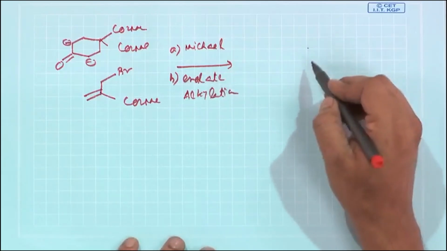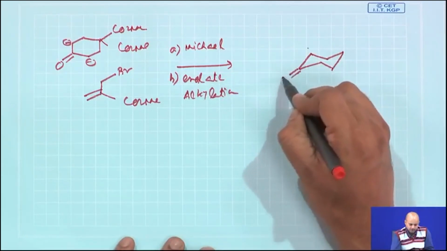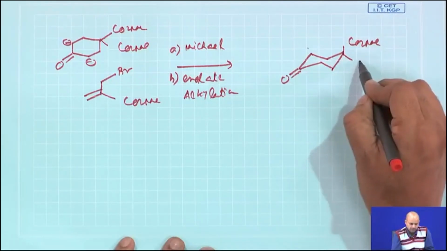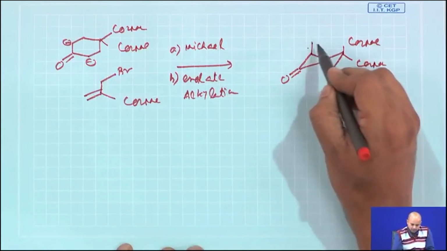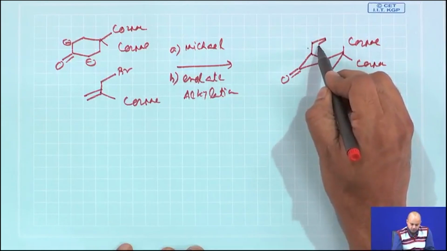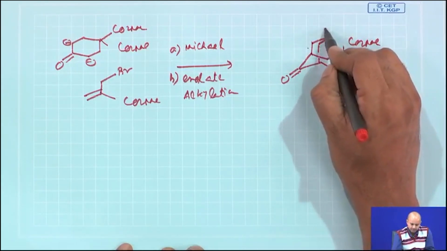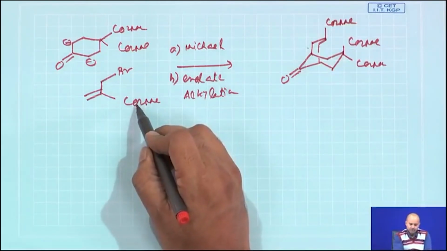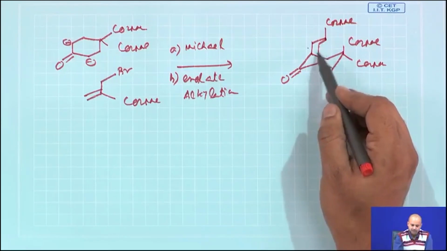Now, the pathways operate, and we write the core structure in the chair form. This part will remain similar, CO2Me, CO2Me. Here one of the CH2 groups is now coming here, and this CH2 gives you this another CO2Me. So, see, it is basically now done.